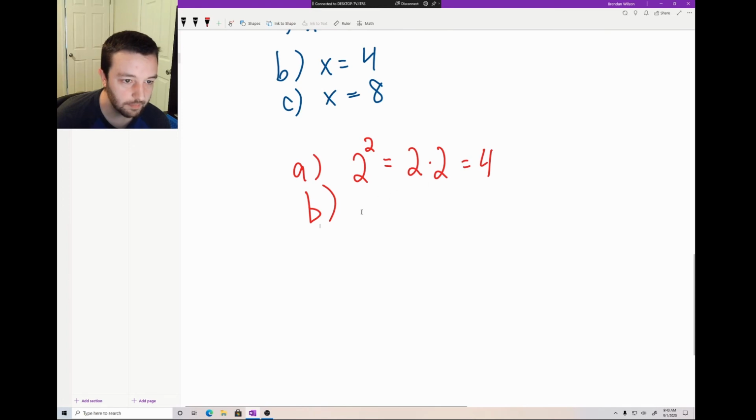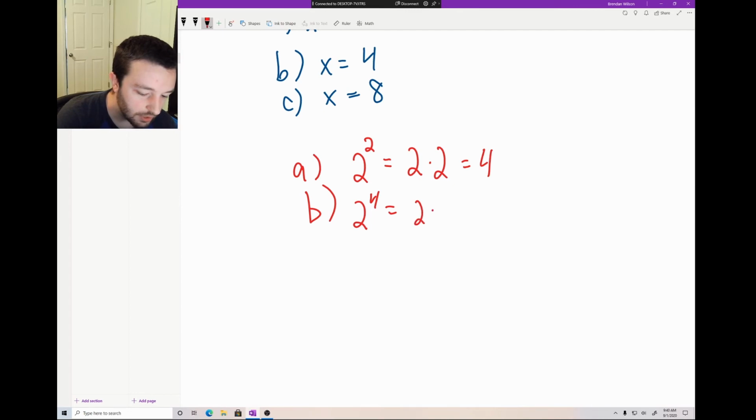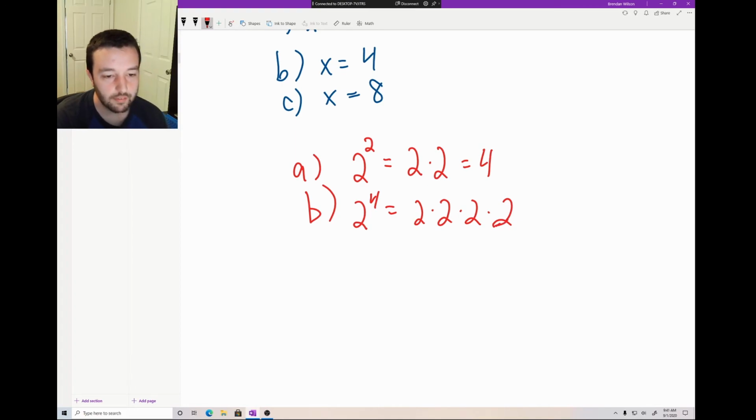Now let's try B. So we want to do 2, and now we're going to have to the 4th power instead, right? So we have 2 times 2 times 2 times 2. One thing we haven't talked about is if we only have multiplication, we can actually do this in any order we want.